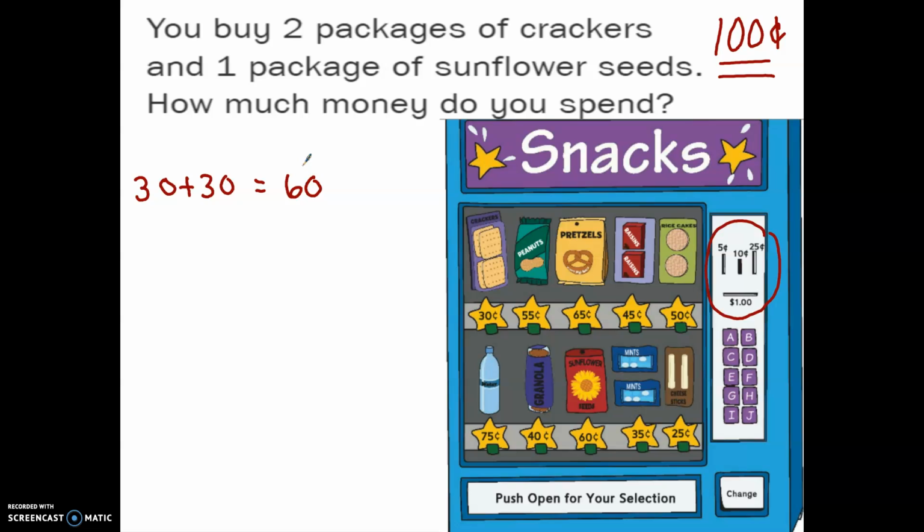But that's not all the money I'm going to spend because I'm also going to buy a package of sunflower seeds. So then I need to take the total from my crackers, which is 60, add on how much the sunflowers cost, which is 60 also.